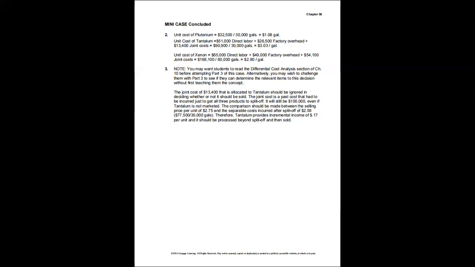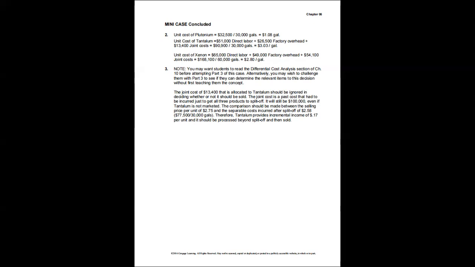Then the unit cost of tantalum, 51,000 of direct labor plus 26,500 of factory overhead. Then we add 13,400 of joint cost equals 90,900 divided by 30,000 gallons.